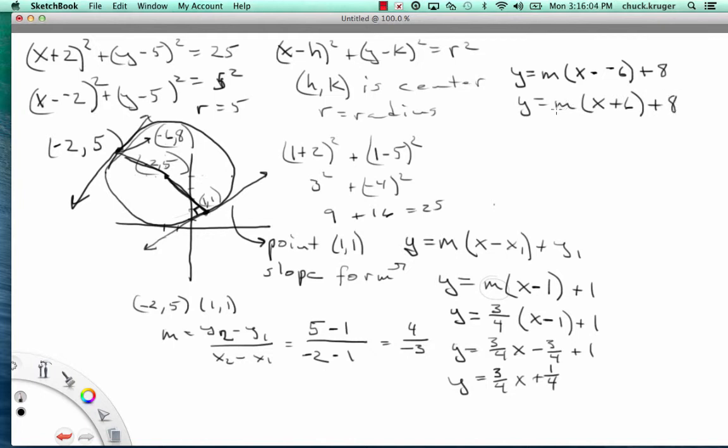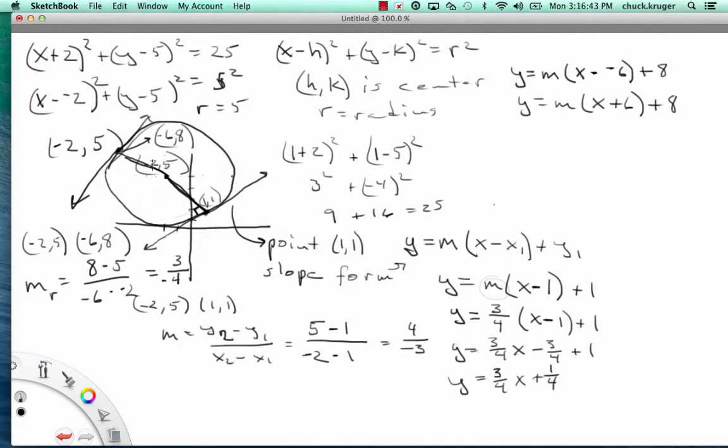So now I'm going to figure out this slope, and I'm going to use the radius, (−2, 5), and this other point, (−6, 8), and I'm going to figure out the slope of my radius, and I'm going to have 8 minus 5 over negative 6 minus negative 2, and I'm going to get 3 over negative 4. My drawing must be way, way off. 8 minus 5.